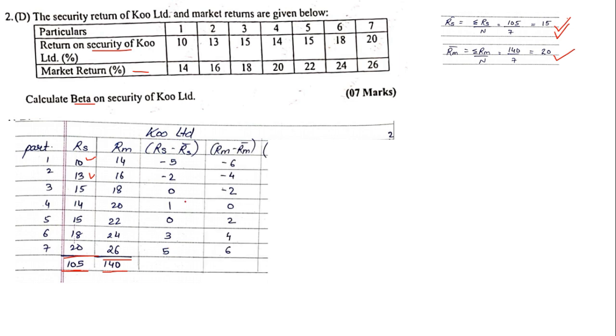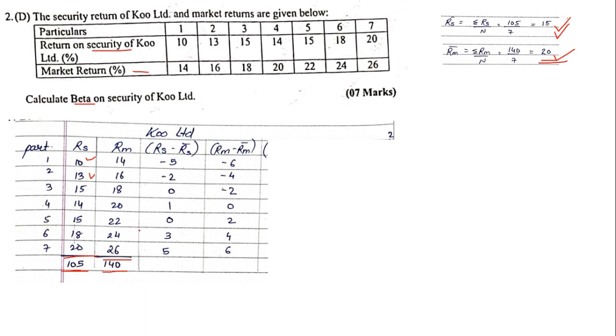Next, we need the same thing but with the RM. So it will be RM minus RM bar. So all the values of RM minus 20. So 14 minus 20 is negative 6, 16 minus 20 negative 4, 18 minus 20 is negative 2, 20 minus 20 is 0, 22 minus 20 is 2, 24 minus 20 is 4 and 26 minus 20 is 6.